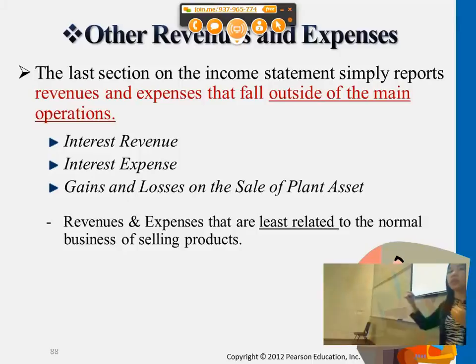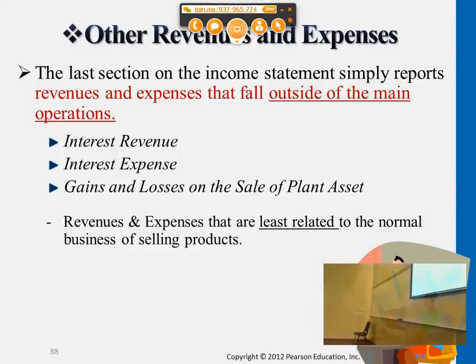All the other revenues and expenses don't really occur frequently, meaning these transactions don't appear very often. They usually are calculated all together. Interest expense and interest revenue only occur periodically. Gains and losses on trading plant assets only happen when the assets are retired. We'll be talking about this in Chapter 9, when one is traded onto second-hand markets. So these are not very frequently happening transactions.